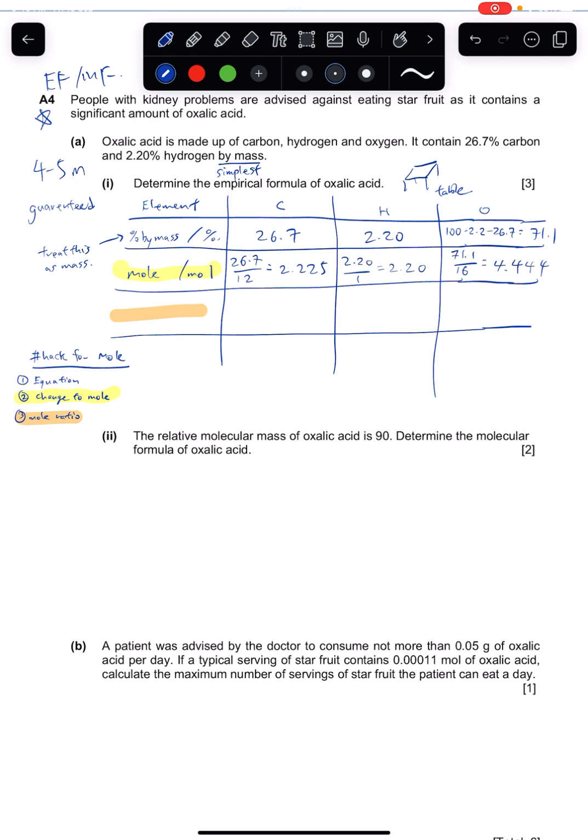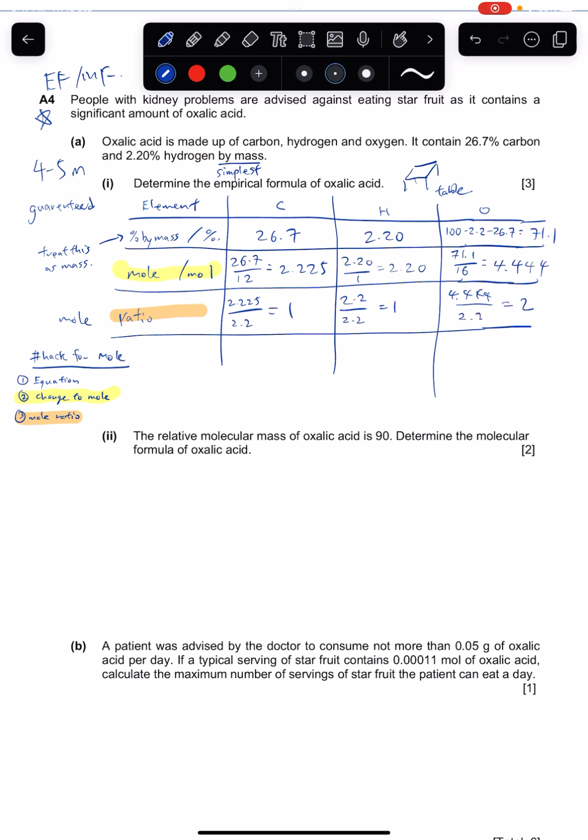Did you notice I leave them with 4 SF? Because they are intermediate answers. Next one, mole ratio. So you will divide by the smallest mole. 2.225 divided by 2.2 is pretty much equivalent to 1 lah. 2.2 divided by 2.2 is also 1. 4.444 divided by 2.2, you will get about 2.